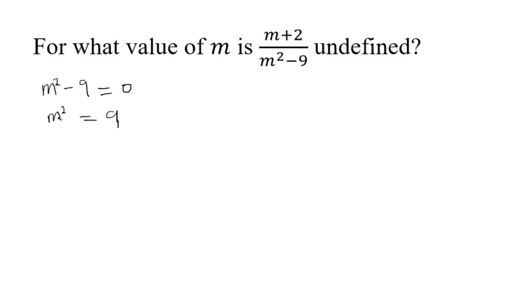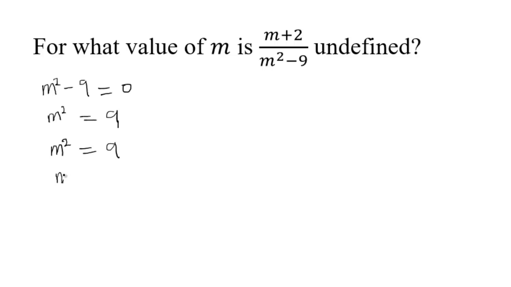So we need to take the square root on both sides of the equal sign to get rid of the exponent of 2 on m.